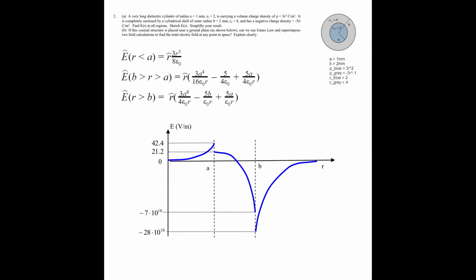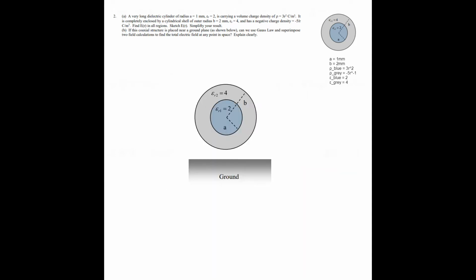Well, you should be able to use a graphing calculator, but you can also eyeball them. So that's part A. We have the electric field in terms of radius in all regions, and we graphed it.